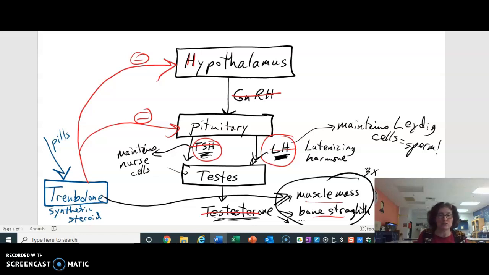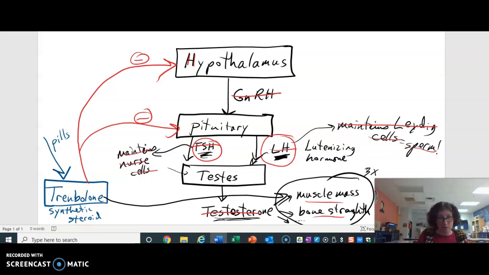And instead, your body never gets to make the true testosterone because it's receiving trenbolone, the chemical signal, directly. So what happens is the Leydig cells are not maintained, the testicles shrink, and sperm production decreases. Nurse cells are also not maintained, so whatever sperm are produced are not being shepherded to their final productivity.